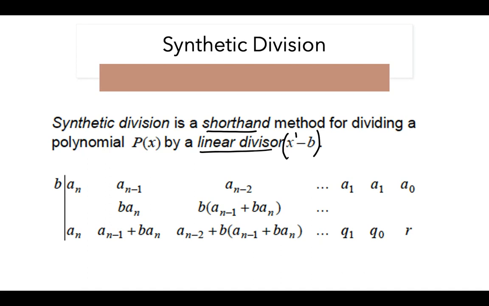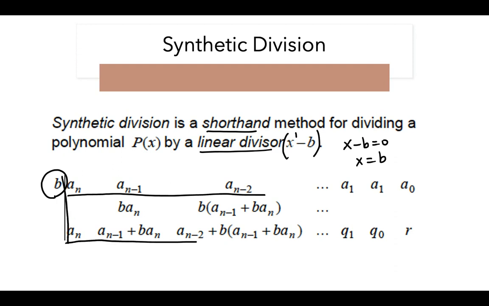The first step is you will be writing down your polynomial in terms of coefficients only. And you're going to find the zero of your divisor. So in this case, you let x minus b equal to 0, so x is equal to b. Your divisor will be written over here with a line.